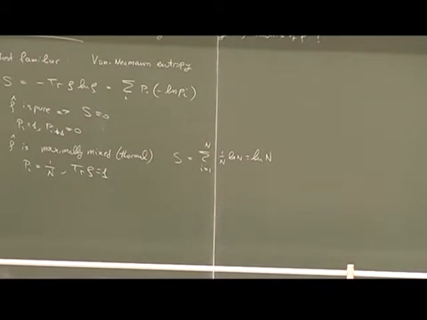This is true. But here we would like to also look at states that are not necessarily random. And in that case, you will see that it's still more complicated because of the log.